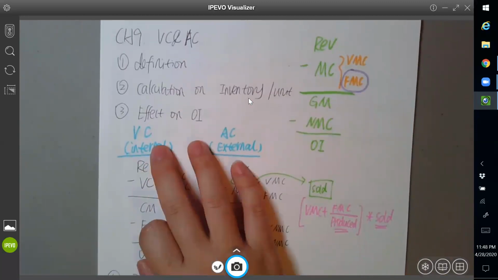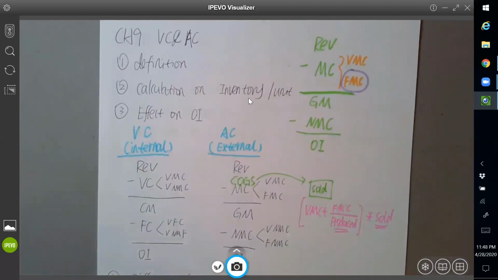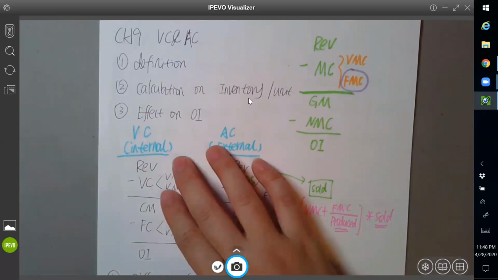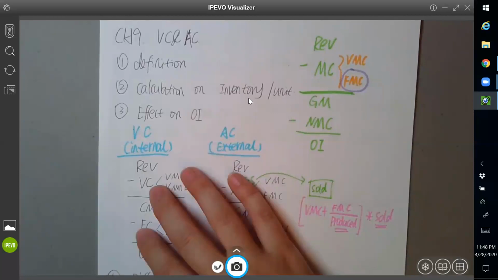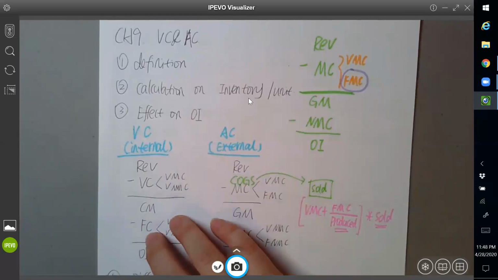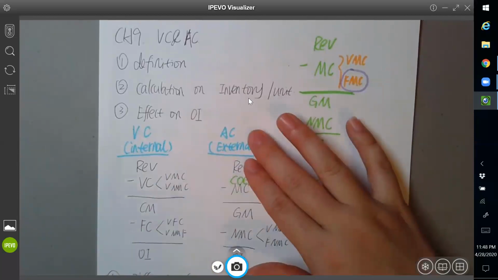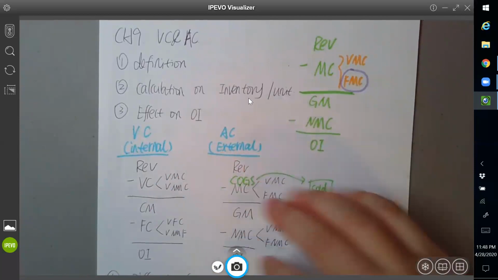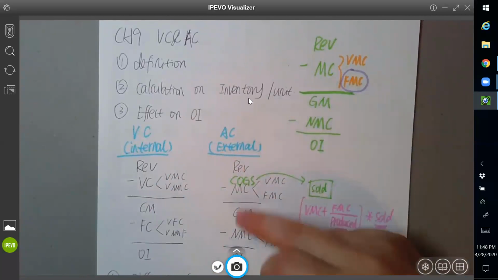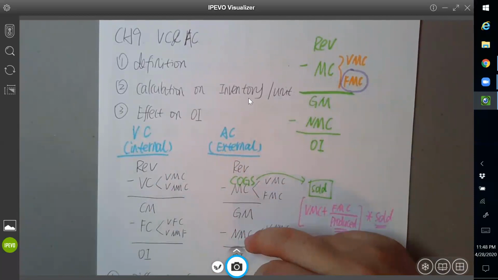So variable costing, I believe now you feel much better after you learn chapter 3, CVP analysis. We classify all the costs based on variable costs or fixed costs, right? But for absorption costing, we classify based on whether it's manufacturing or non-manufacturing.